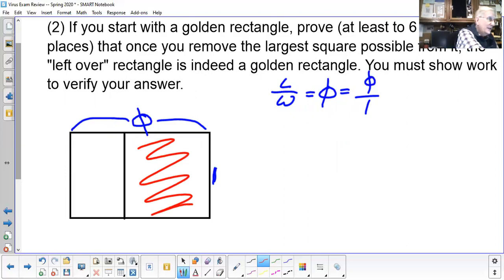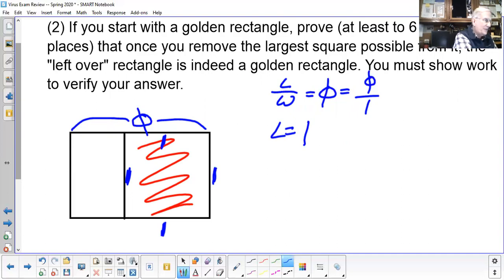If this great big long distance across the top here is phi, what's this distance right here on this part of the square? Isn't it 1? Sure. So the length of the little golden rectangle is equal to 1.